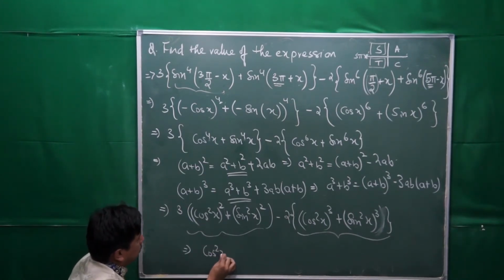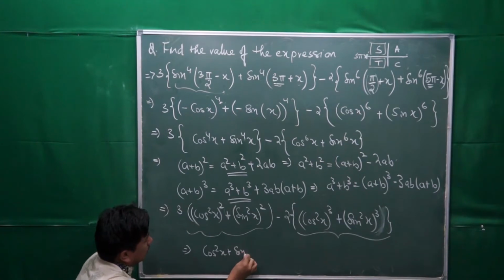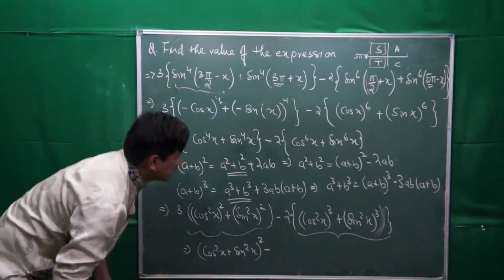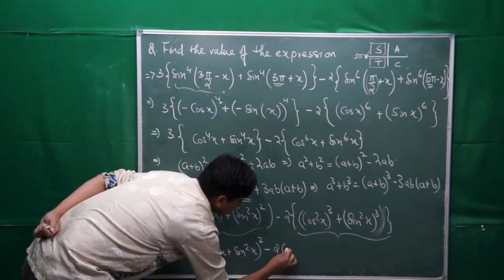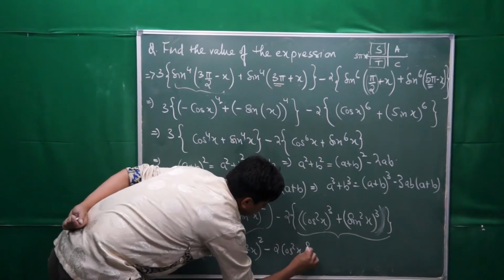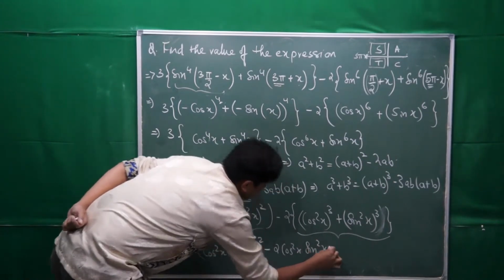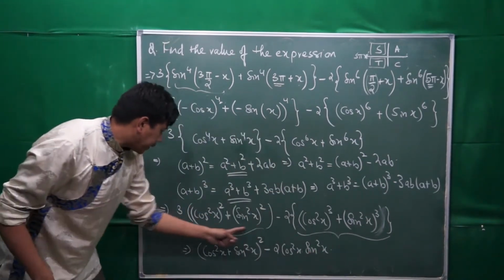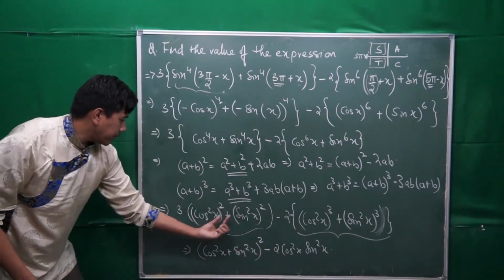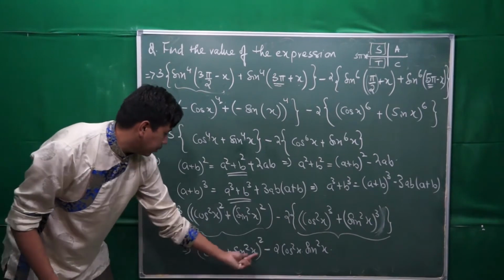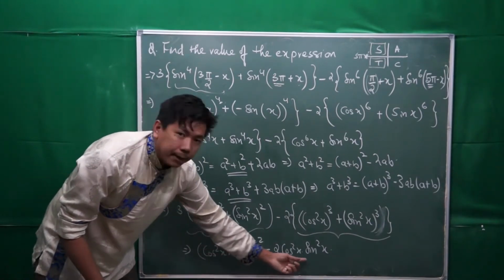Okay, so this can be further simplified into cos square x plus sine square x whole square minus 2 cos square x into sine square x. Now this part is broken down into this part: a square plus b square equals a plus b whole square minus 2ab.